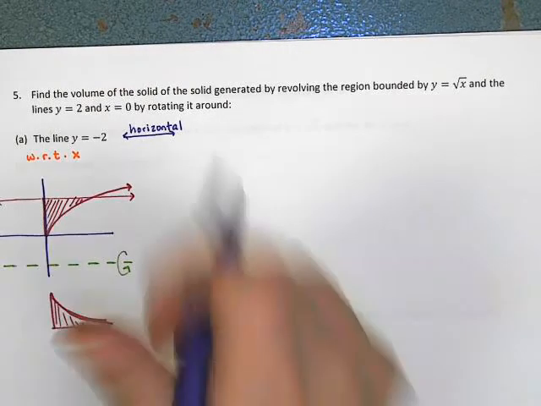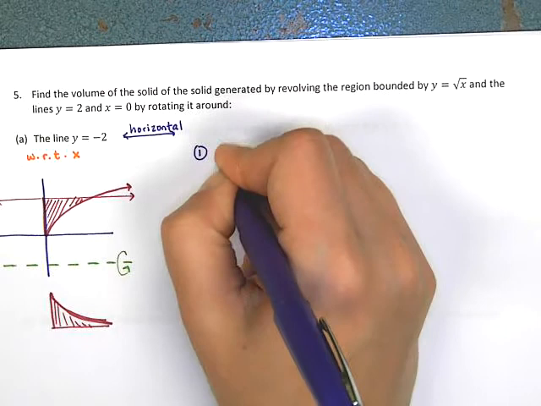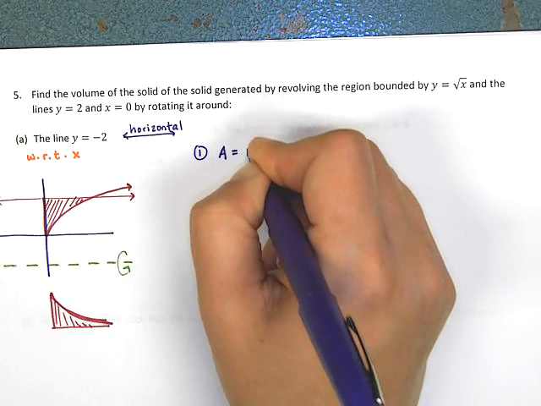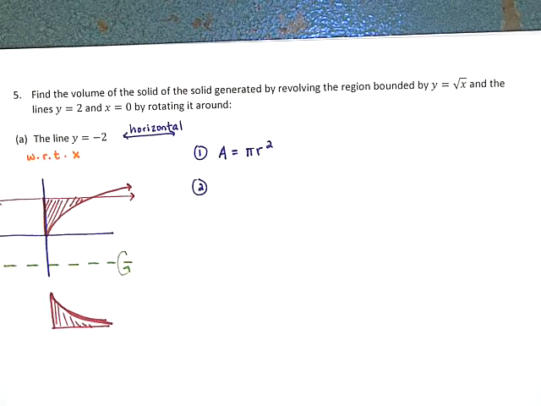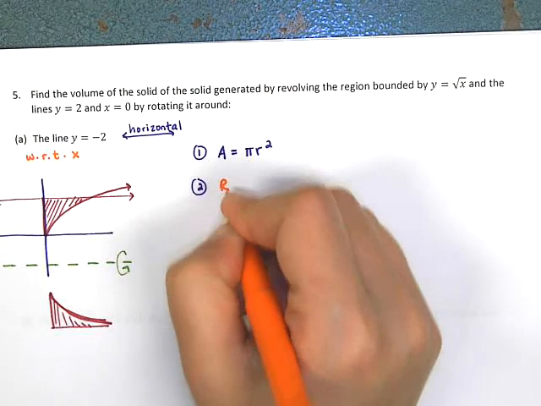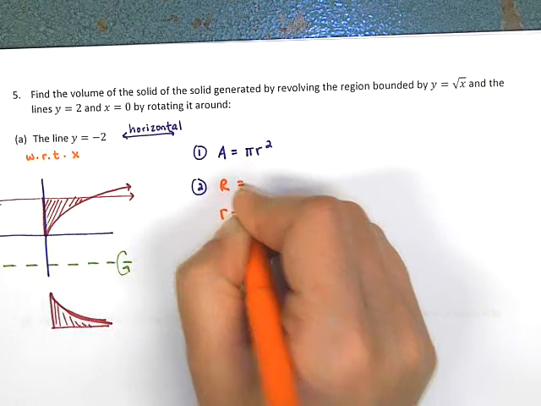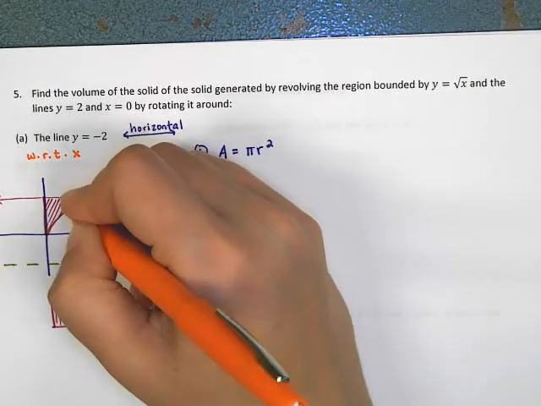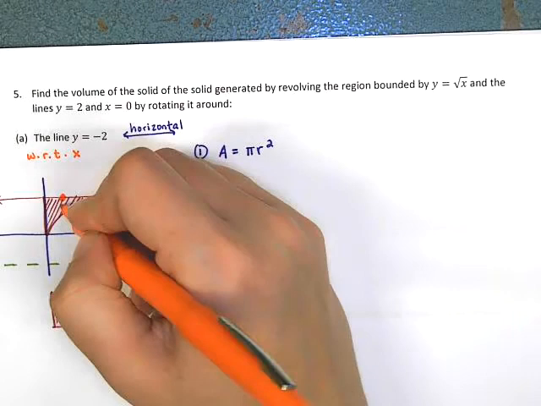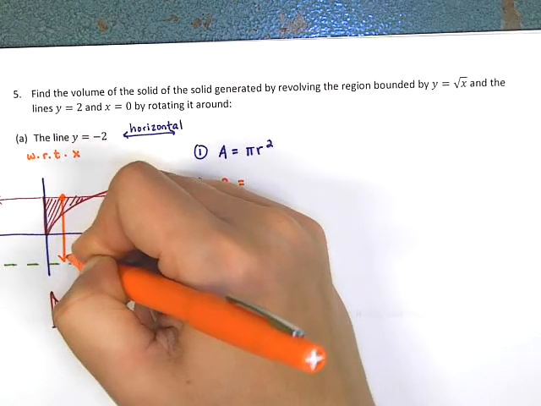So step 1 is going to be our area formula. Because we're spinning, it's always circles, so pi r squared. Step 2 would be we need a big R and we need a little r this time because there's a big gap in the middle. Now the big R is going to be from the outer edge to the line around which you are revolving.